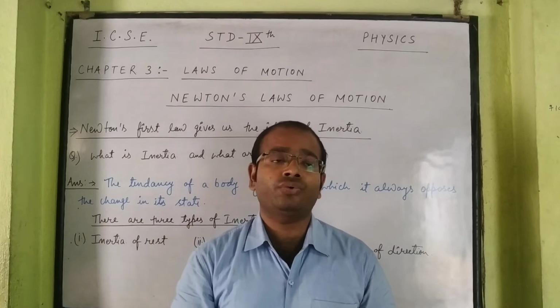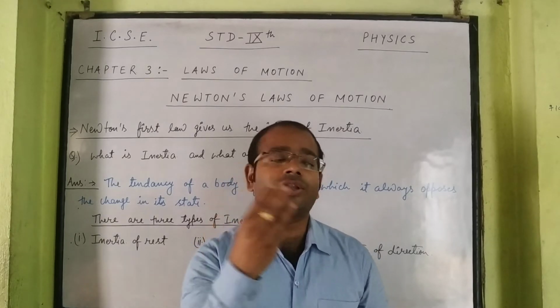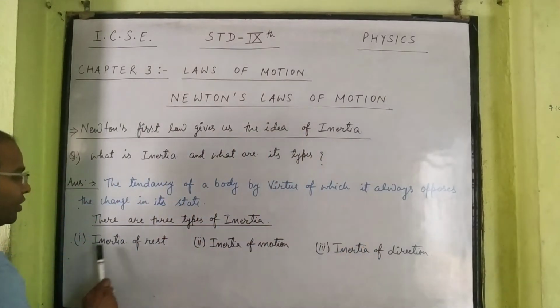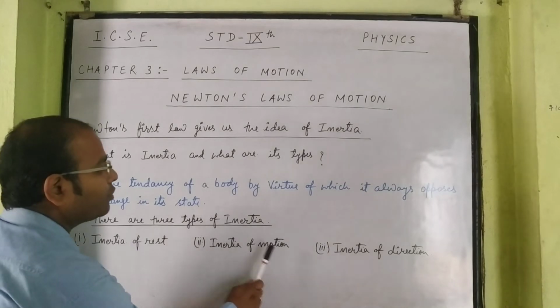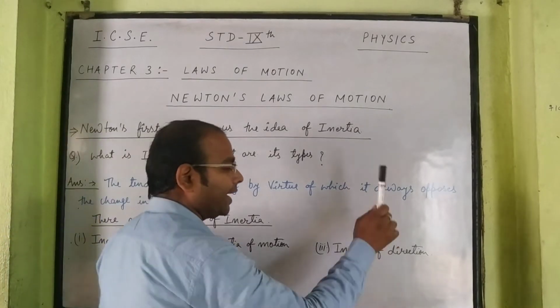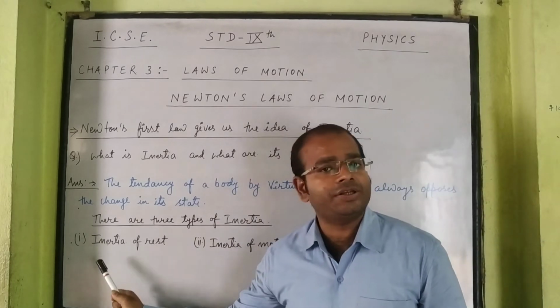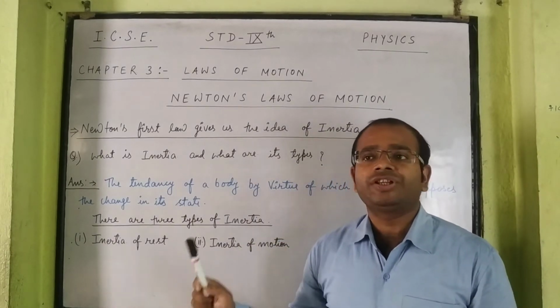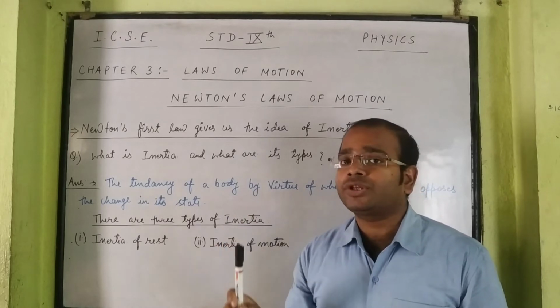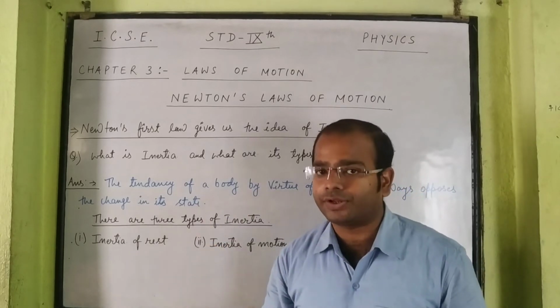So according to that, inertia are of three types: inertia of rest, inertia of motion, and inertia of direction. Inertia of rest is the tendency of a body which opposes change to its state of rest.